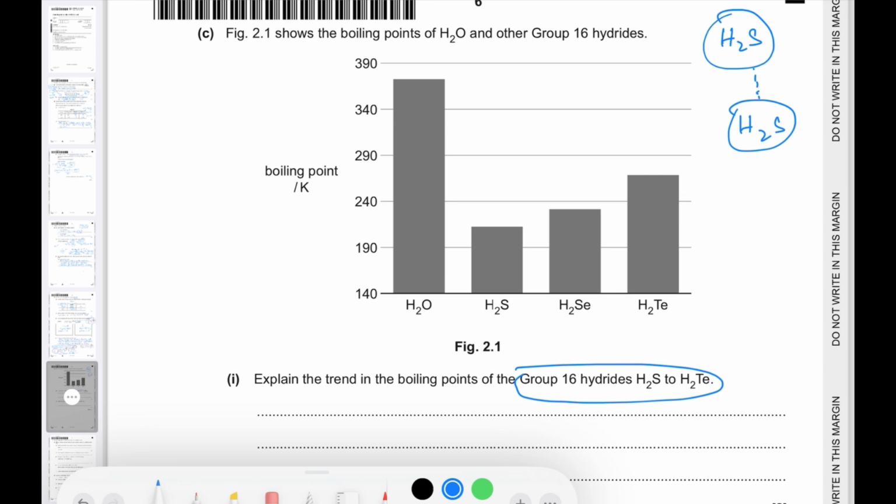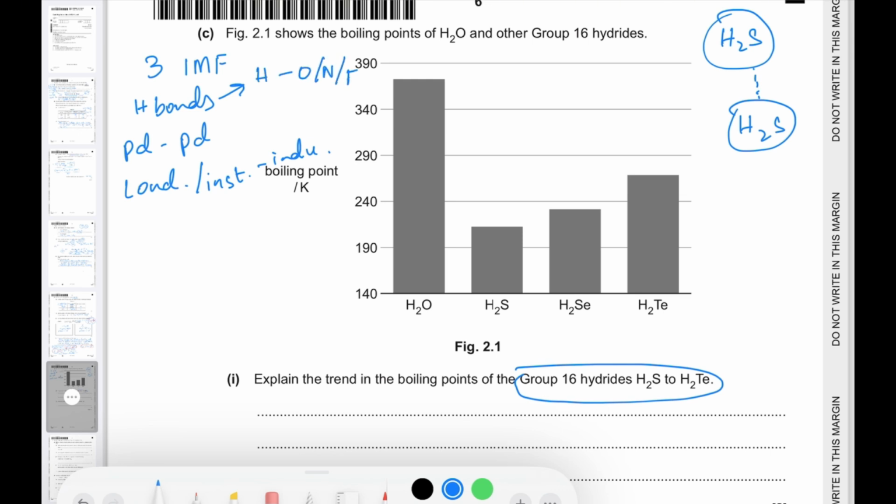We learn about three main intermolecular forces. Those are hydrogen bonds, permanent dipole forces, as well as London dispersion forces, which are also known as instantaneous dipole induced dipole forces. Hydrogen bonds only exist between molecules that have a hydrogen atom bonded to either oxygen, nitrogen, or fluorine.